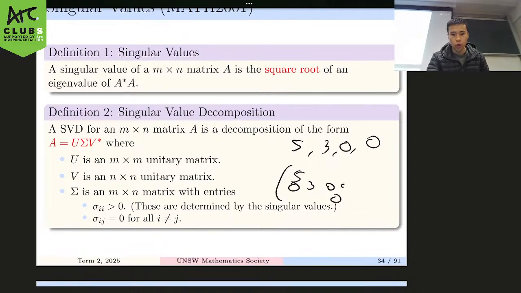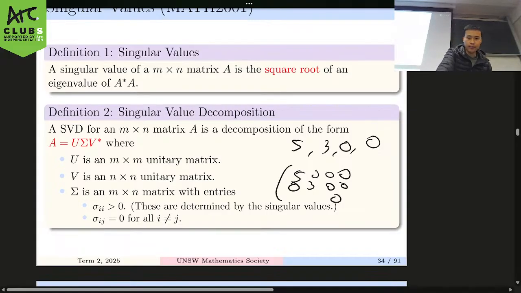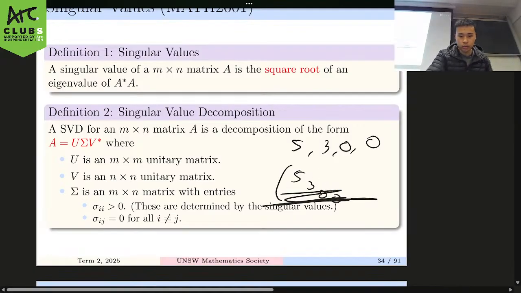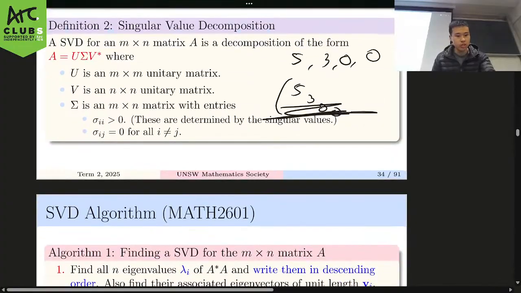The number of columns will always be greater than or equal to the number of rows, because the sigma can be m by n, not necessarily square. The other two are square. That's one thing about SVDs.